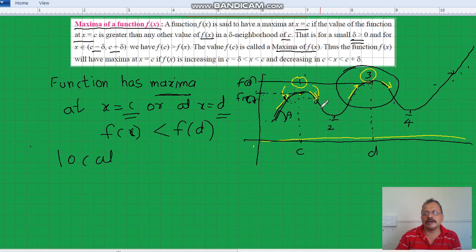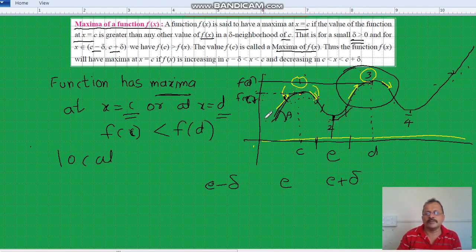For the local minima, the function is decreasing towards left and increasing towards right. That means if this is the point, say e, then for the interval e minus delta to e the function is decreasing, and for e to e plus delta the function is increasing.